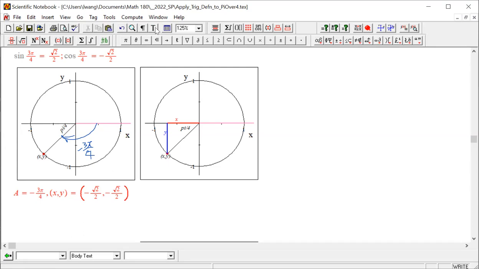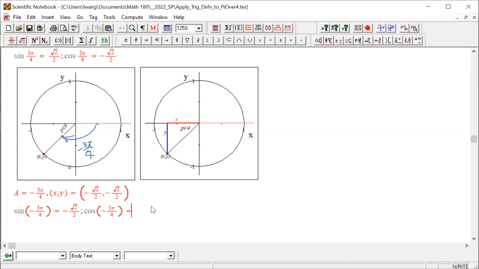All right. So now you can see sine of negative 3 pi over 4 is going to be equal to the y value, which is the blue, and that is negative root 2 over 2. Cosine of negative 3 pi over 4 is equal to the x coordinate at the intersection of the terminal and the unit circle.